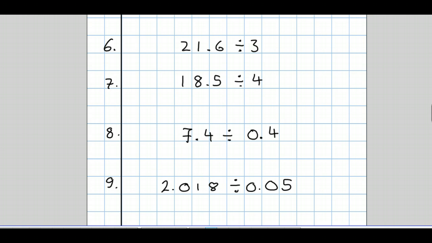Right, so you've copied them down. Have a go at those. Probably take you 3-4 minutes or so, depending on how good you are with your times table. Anyway, press it on pause, then come back and we'll go through the answers.